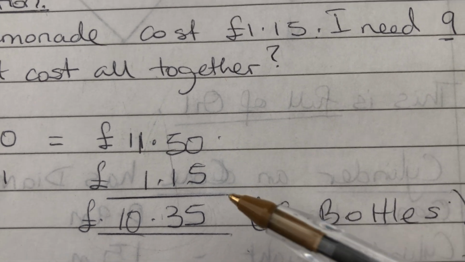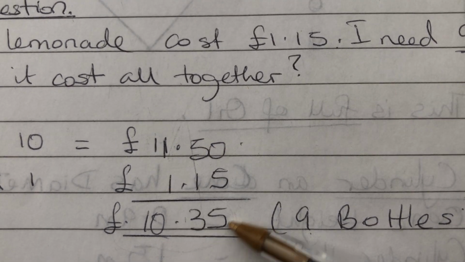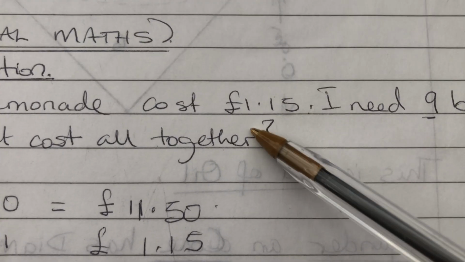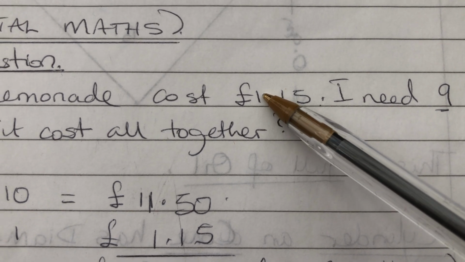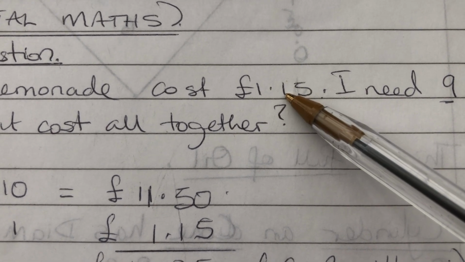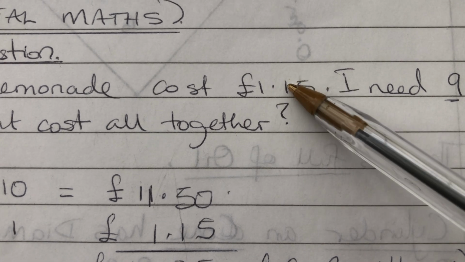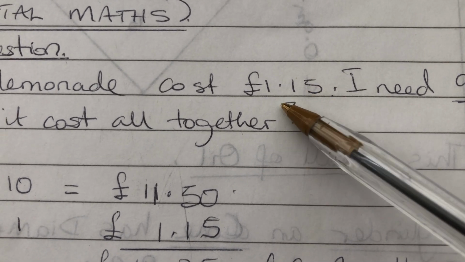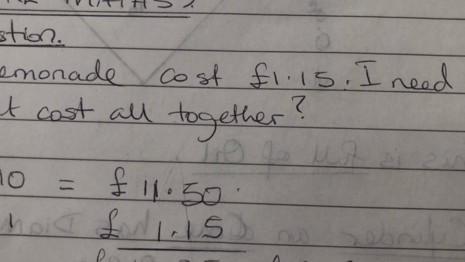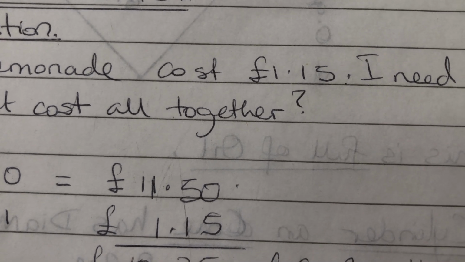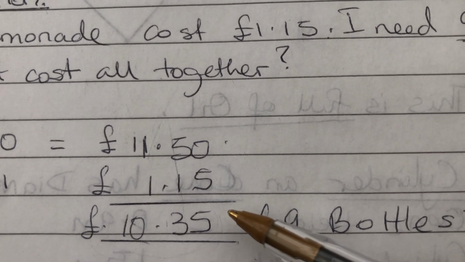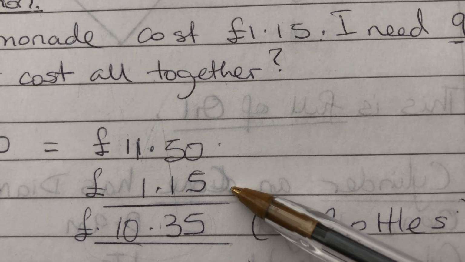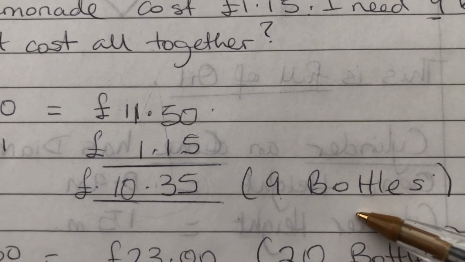I even wrote it under the video, in the comment section. When you are multiplying, you have to move the decimal forward, so it won't be £10.15. It will obviously not be. But for some reason, that was what I did. So my answer was wrong.